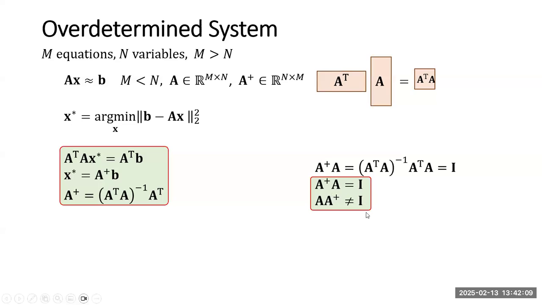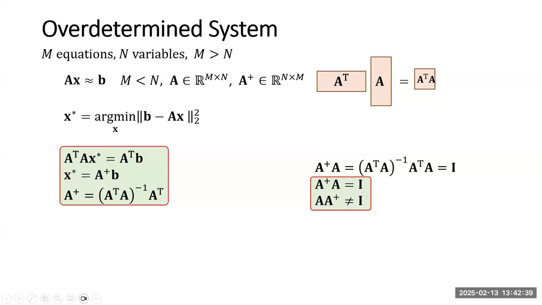So you can never get the identity matrix, because the identity matrix would have a rank of 100. If you take a matrix of rank 10, no matter what you do, pre-multiply, post-multiply, you can never exceed 10. Okay, so these are the properties of the pseudo-inverse for a tall matrix.